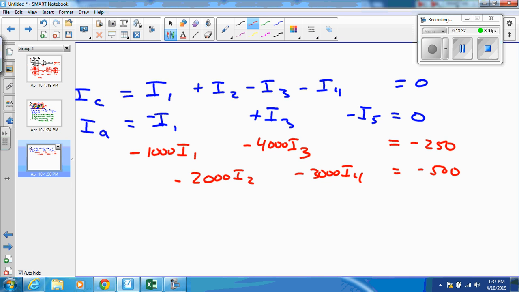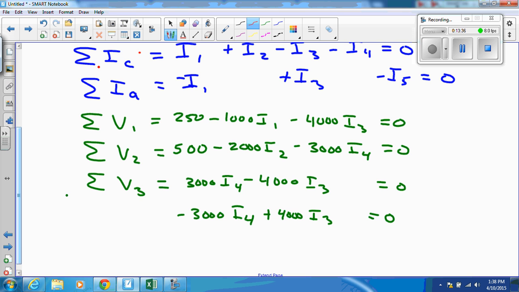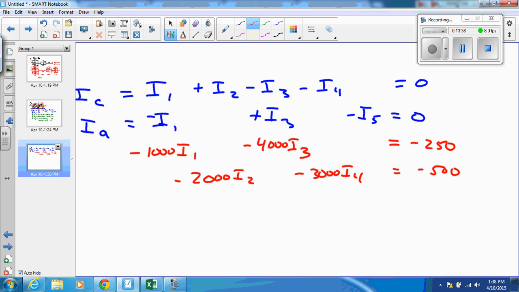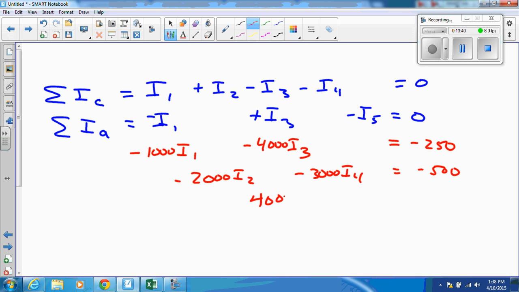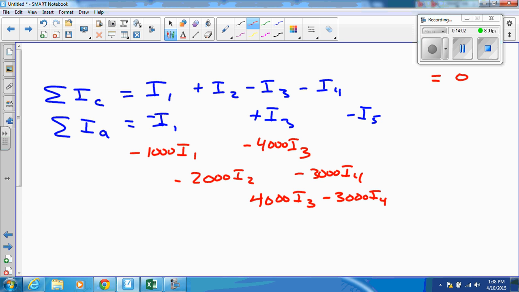And then 4000 I3 minus 3000 I4. Okay. And now we've got all of our equations set up. Now this gets a little hairy here. Let me move my constants over a little further so that we can see them more clearly.